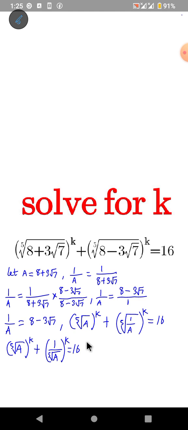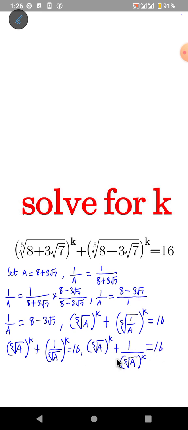Then we'll continue again. Here will be the fifth root of A all raised to the power of K plus, now 1 raised to the power of K is 1. So here will be 1 all over bracket the fifth root of A raised to the power of K also, and all equal to 16.